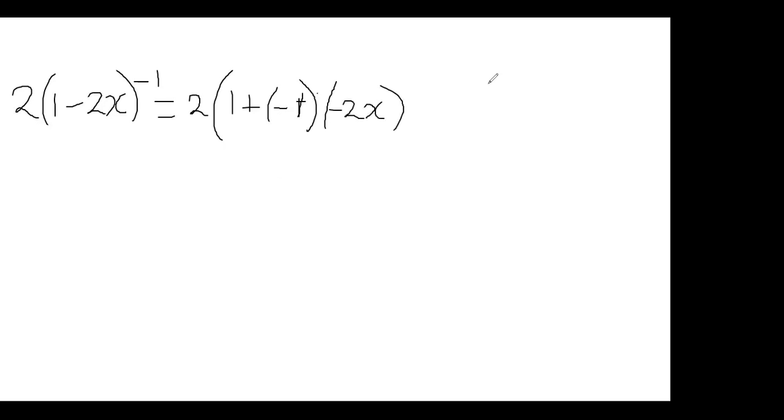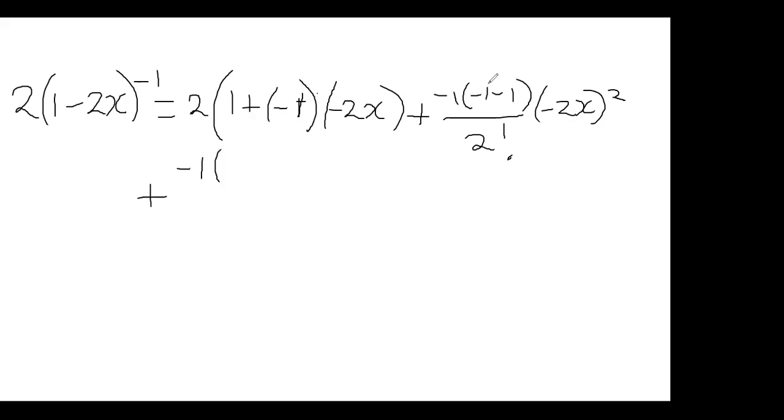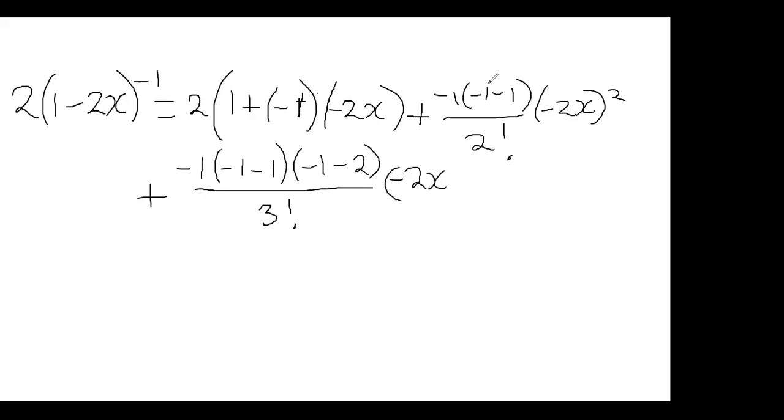Then the next term, plus -1 times -1 minus 1 over 2 factorial, then -2x to the power 2, plus -1 times -1 minus 1, then -1 minus 2 over 3 factorial, -2x to the power 3, plus dot dot.